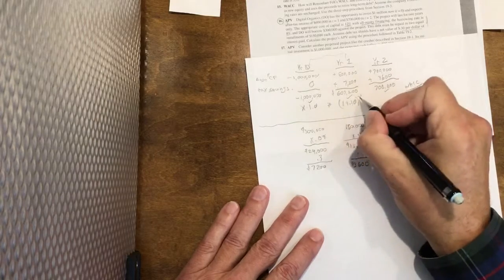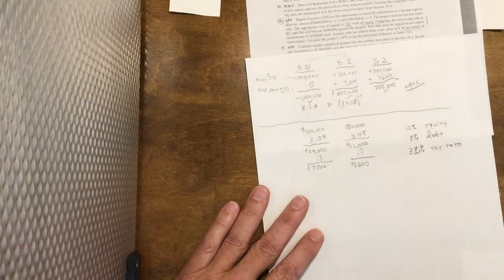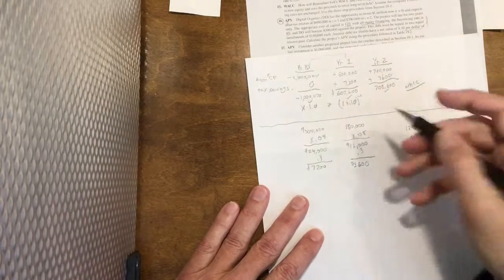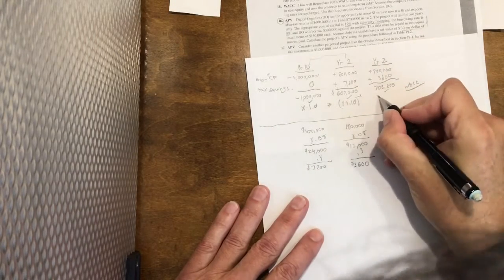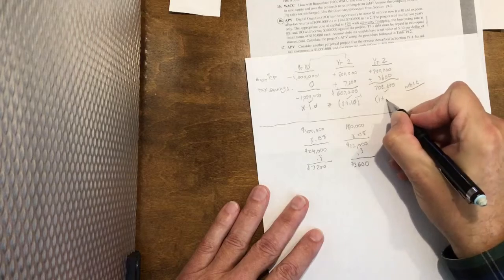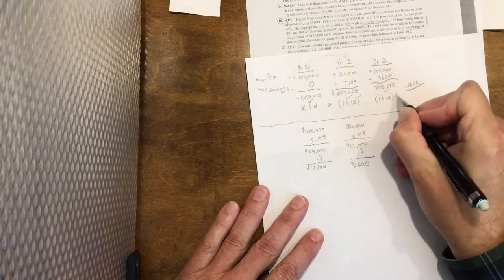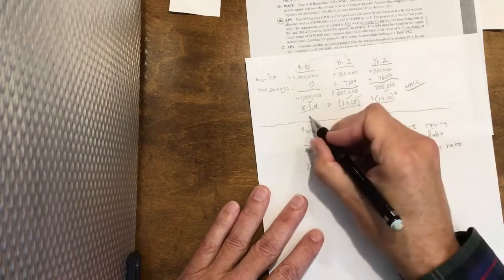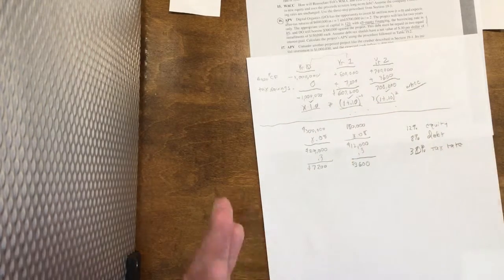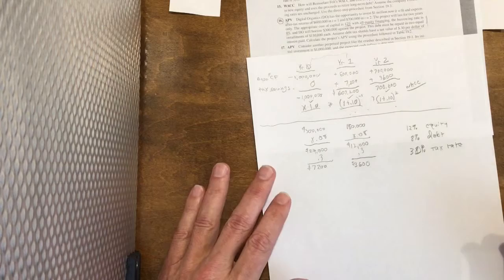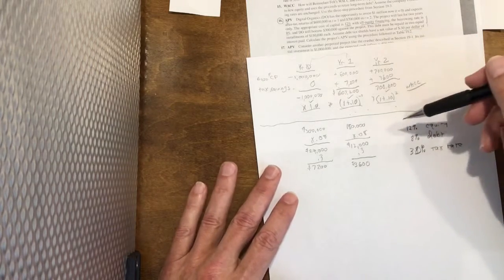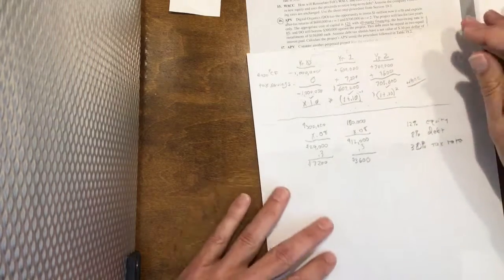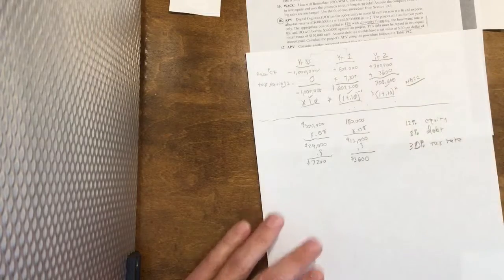Raise it to the -1 power, or you can divide it and raise it to the 1 power. And 1 plus 0.10 raised to the -2 power. You can do that math, or you can just put it in Excel. I may have made a math error here, but I think that's the general idea. Hope that helps.